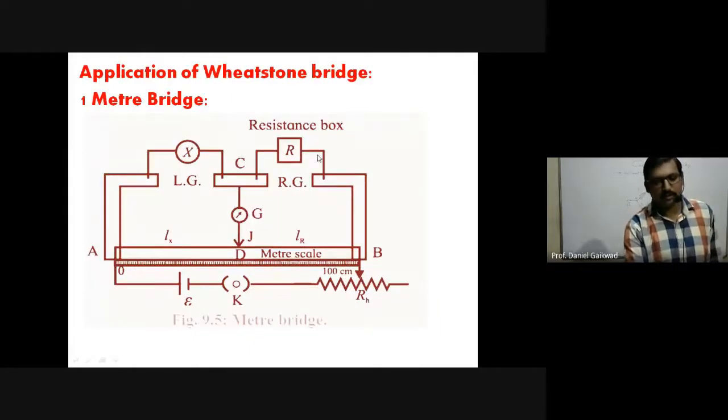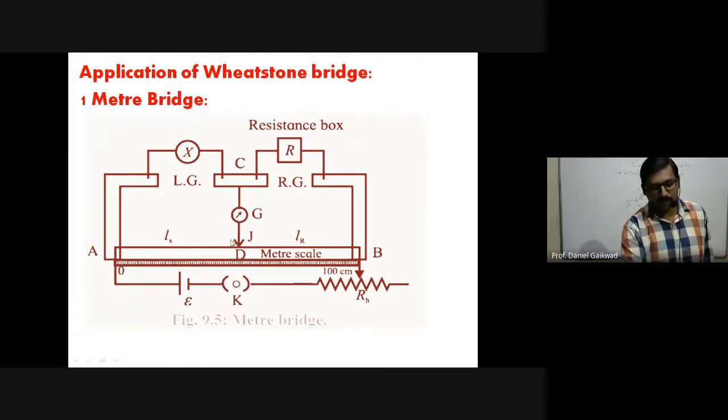After connections are made in the circuit, when we switch on the circuit by pressing the key, current starts flowing in the circuit. Now the jockey J, we have to touch to point A and then to point B. The galvanometer shows deflection on both sides, left hand side and right hand side.